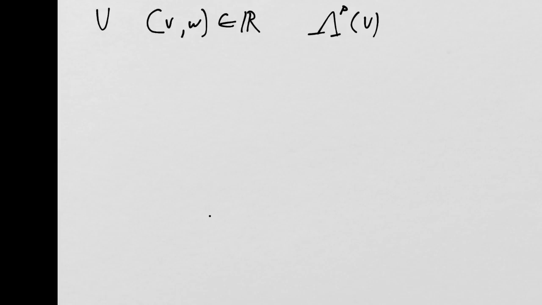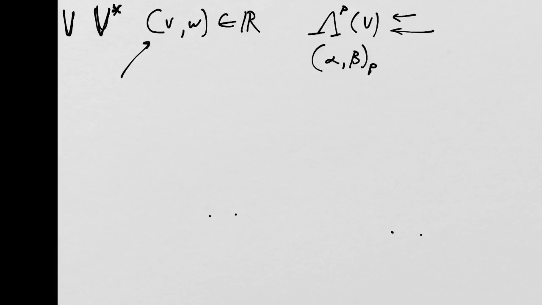So what would an inner product on this space look like? Let's say we called that alpha, beta, and we put a little P here to indicate that it's the inner product on this vector space. So we have an inner product assumed on V, the underlying vector space, and, for example, the dual space could have an inner product that's induced from the vector space.